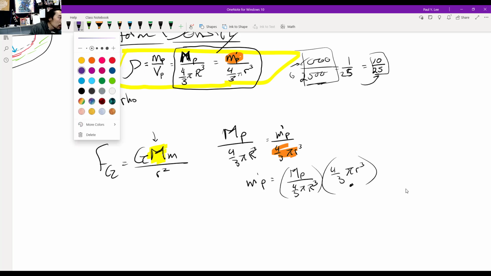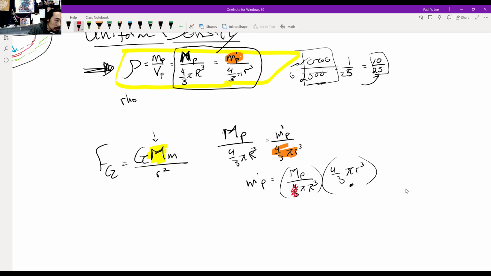You know what happens there? You guessed it. Algebraically, it cancels out. So all that cancels out, and all that's left is the following. As you go into the planet, we are looking at M_P, where that capital M is the actual mass of the planet, times r cubed divided by capital R cubed.